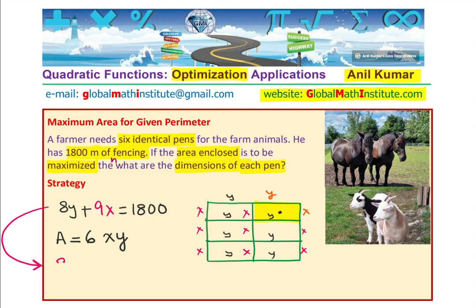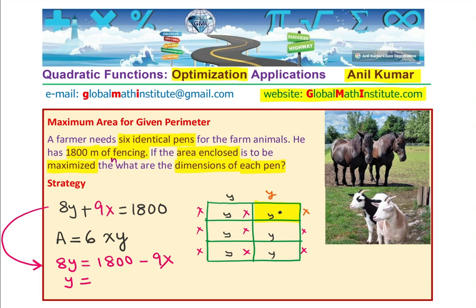So we can rewrite this as 8y equals 1800 minus 9x. Or we can say that y is equal to, we are going to divide all this by 8.